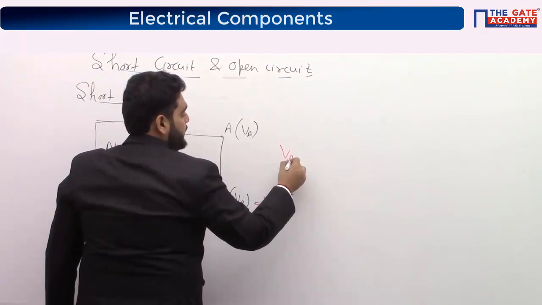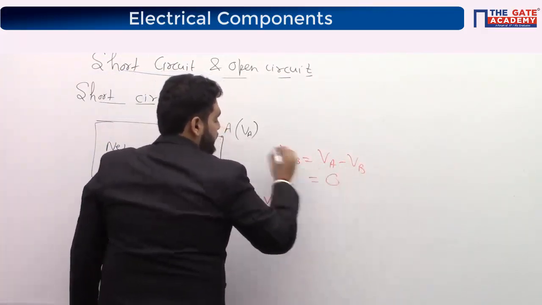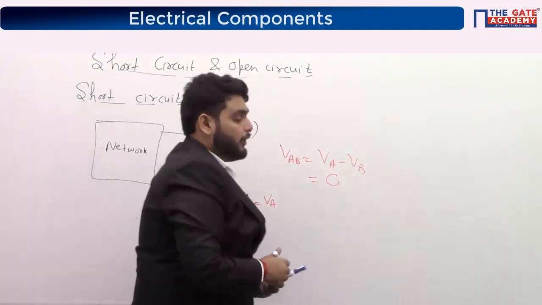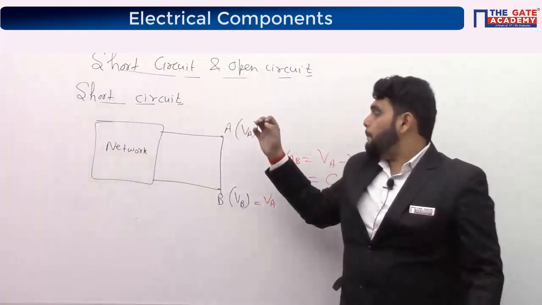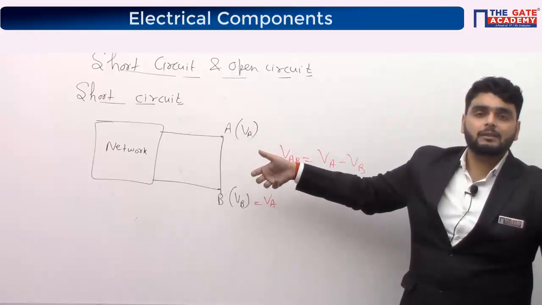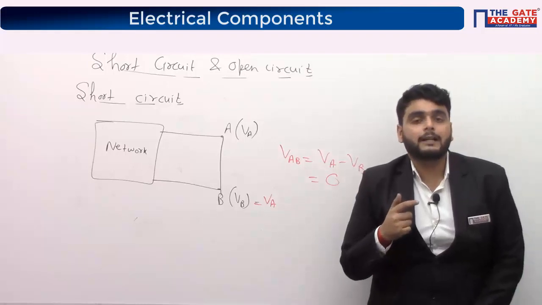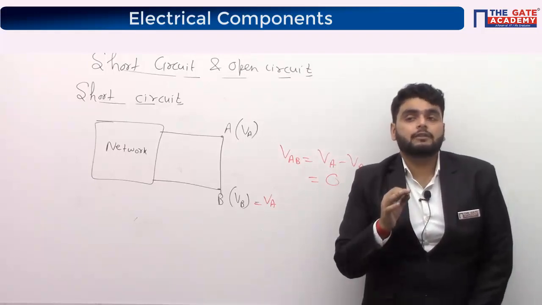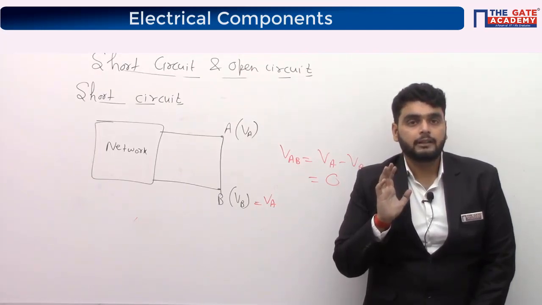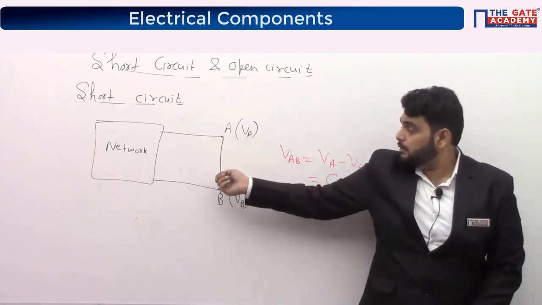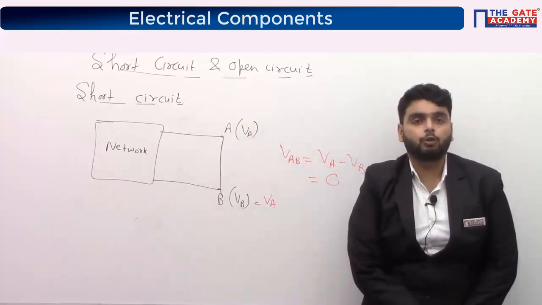So what will be the VAB? VA minus VB equal to 0. So what is the first property of short circuit? In short circuit, voltage difference, or I can say potential difference, is equal to 0. Remember that in short circuit, potential difference or voltage difference is equal to 0. Okay, and the terminals which are short circuited will be at the same potential or same voltage.